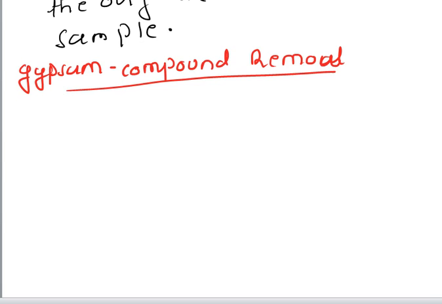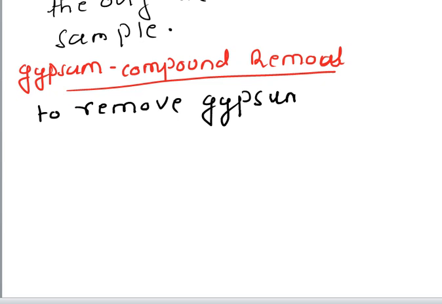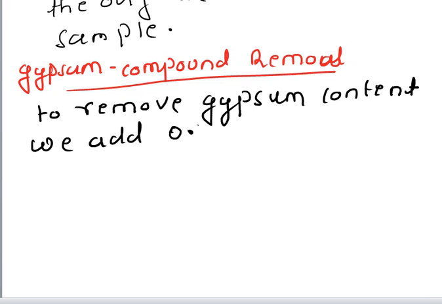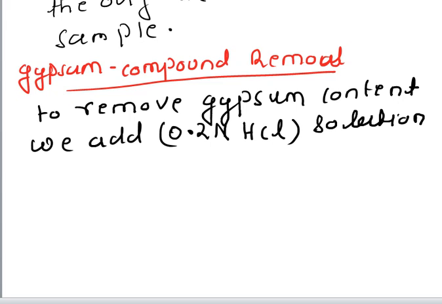The recommendation is to add, to remove the gypsum content, 0.2 normal hydrochloric acid, HCl solution, to the sample.